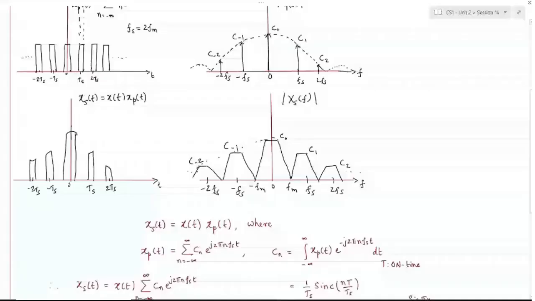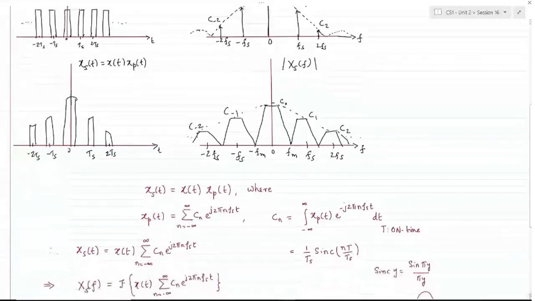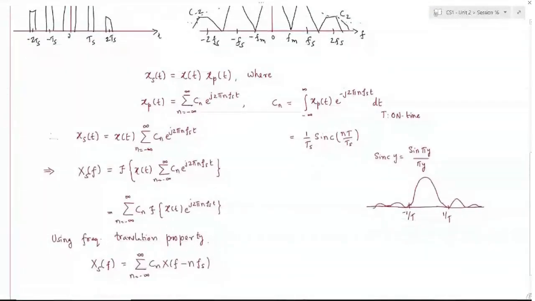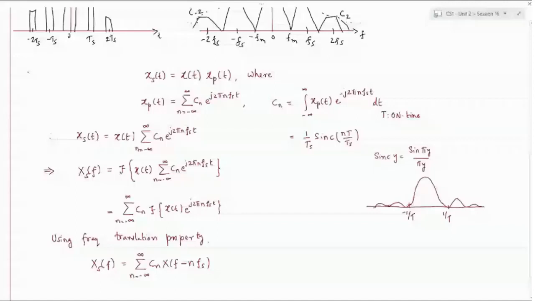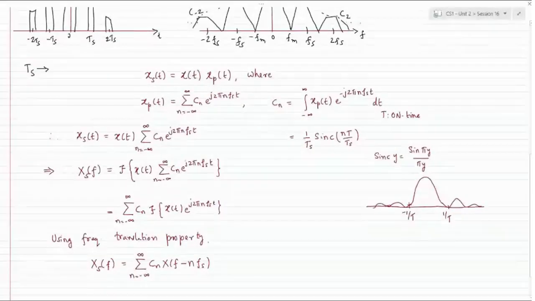If you try to say what is the similarity between ideal sampling and natural sampling, both are the same only in the limiting case, where I take Ts tending to 0.